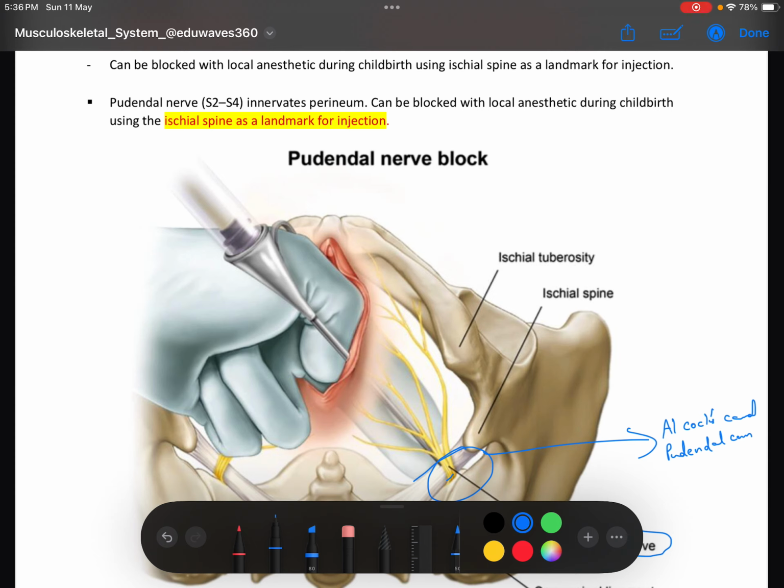In function, mostly we see sensation to the external genitalia and perianal skin. Okay, the clinical relevance will be childbirth injury: the pudendal nerve is at risk during childbirth due to overstretching as the baby passes through the birth canal. Why?